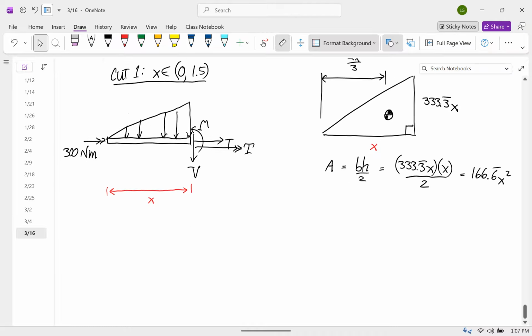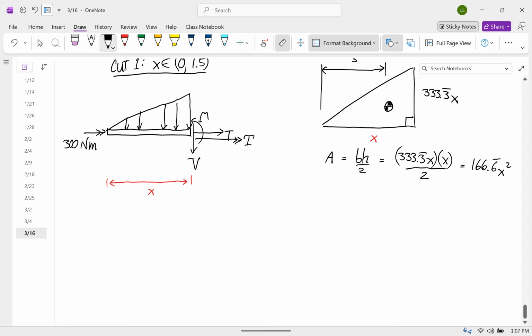Okay. And now I can redraw my free body diagram. We have the 300 newton meters there. We have the point force representing the distributed load here. The internal loads.